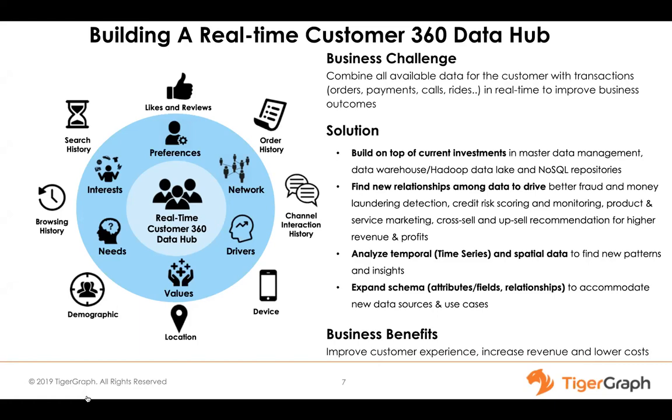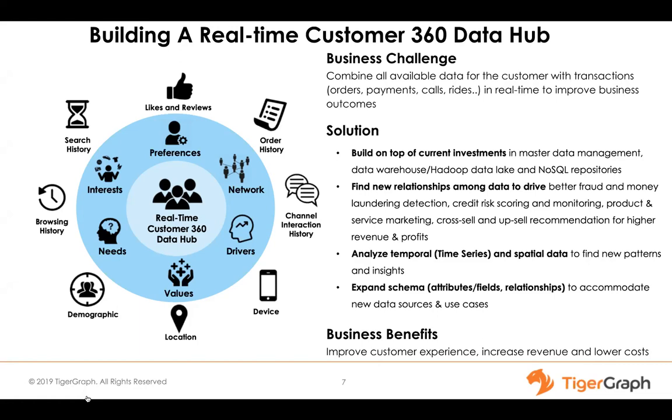TigerGraph solution is really built on looking at your current investments of technology, be it a data warehouse, Hadoop, or other NoSQL databases. And then we can apply entity resolution and MDM capability from a property graph.